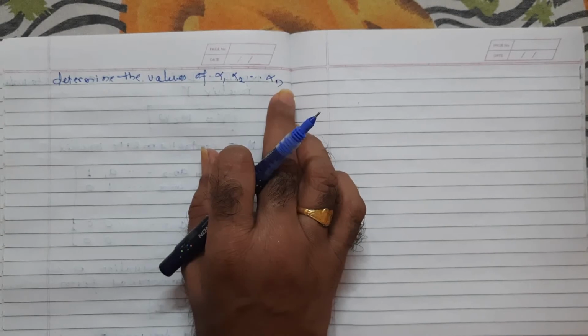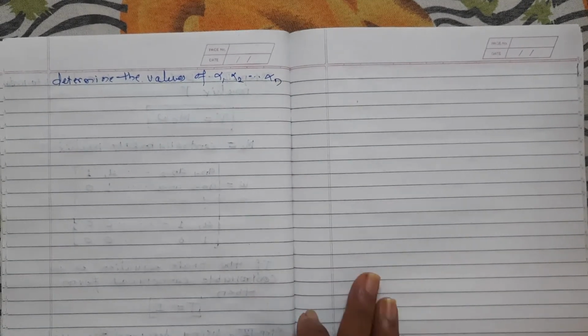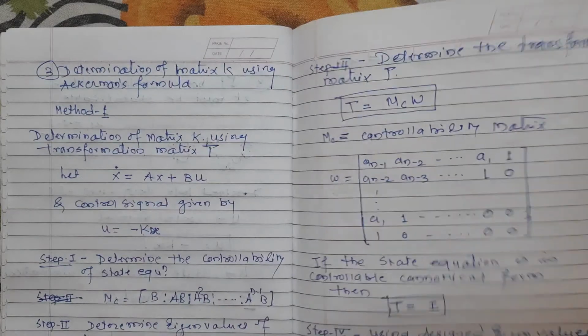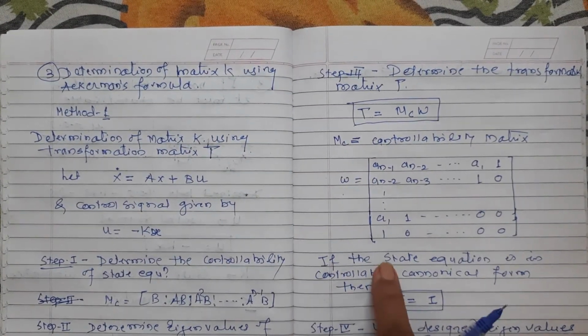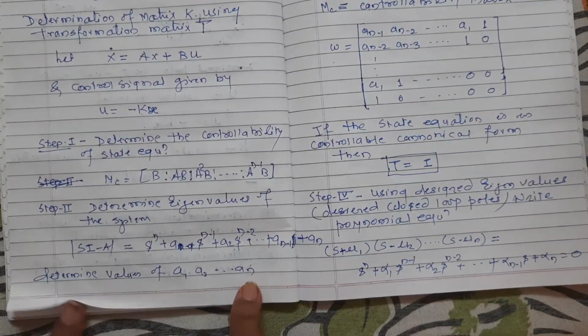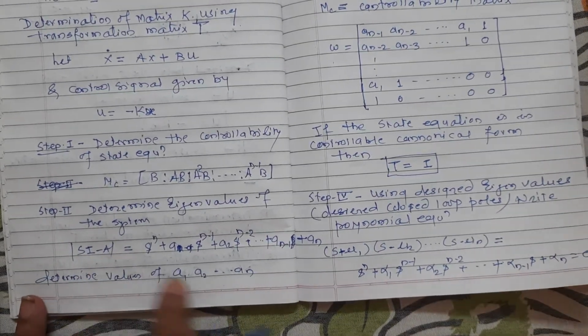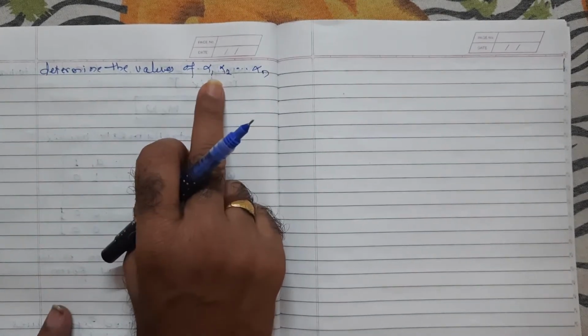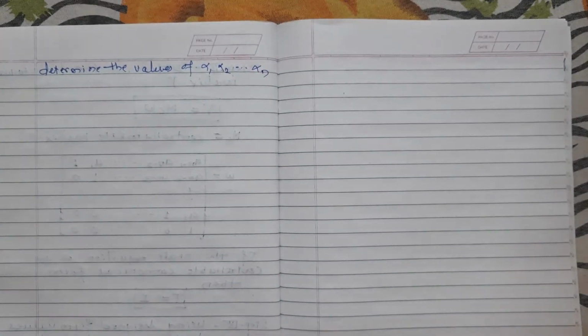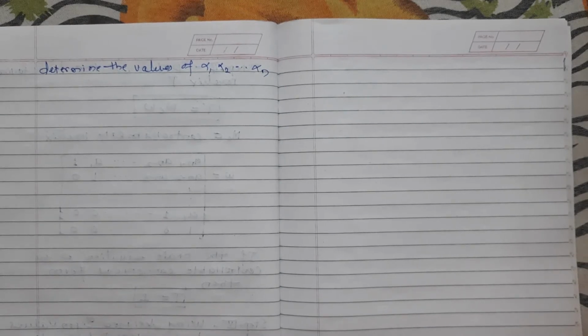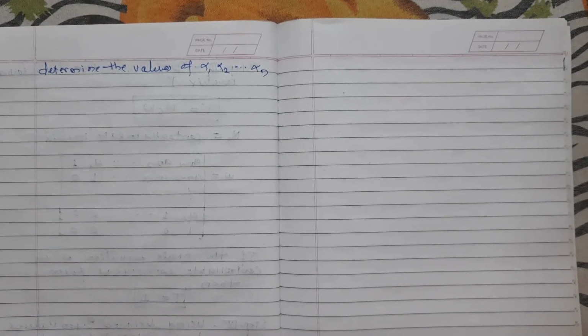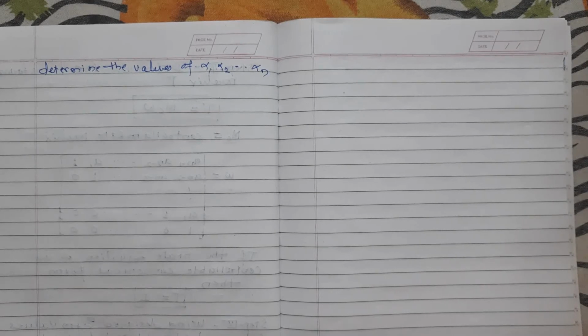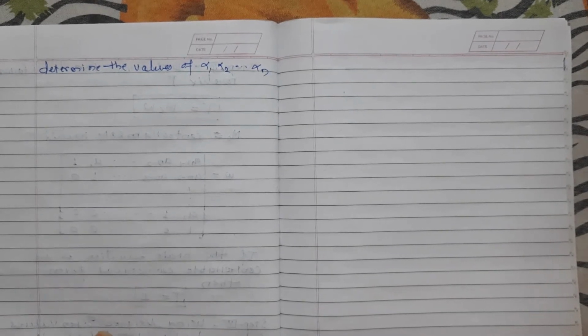Once we know α1 to αn, and a1 to an, we will get a1 to an from the characteristic equation of sI minus A. We will use these two sets of values, a1 to an and α1 to αn, to determine the state feedback matrix, that is K.